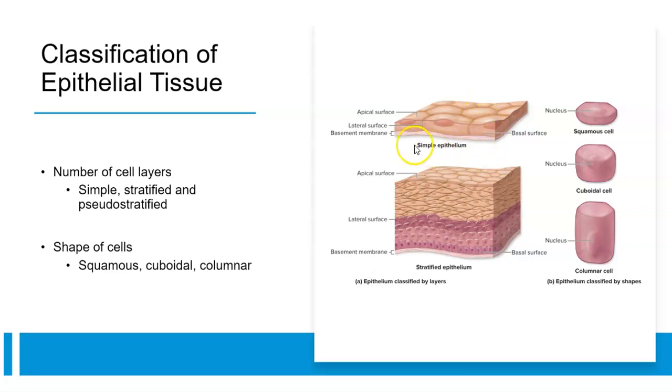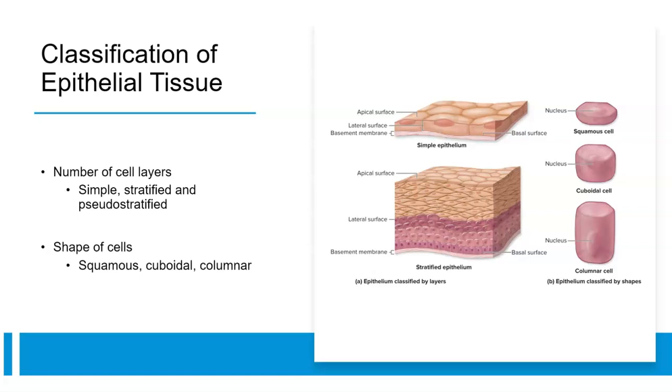Stratified means layered. A stratum is a layer. So stratified epithelial cells have two or more layers, sometimes a lot of layers, sometimes just a few. But only the bottom layer of cells is attached to the basement membrane, and the most superficial layer, the ones closest to the surface, of course, are the apical surface, the free surface.